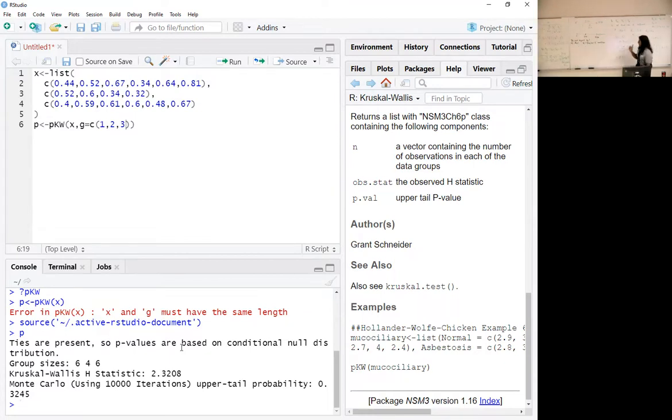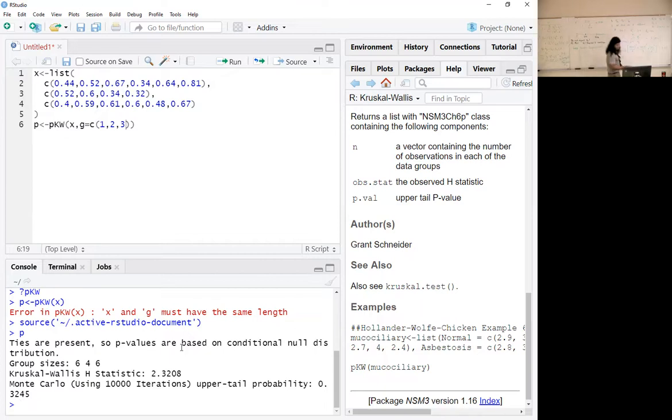How do we do a large sample approximation? What distribution should we use? Chi-squared. It's not chi, because chi is the distribution in and of itself.